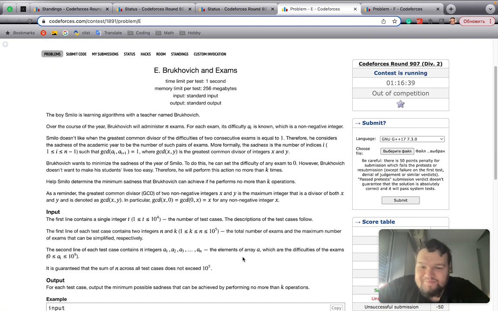Problem E. Exams. The difficulty a_i, which are non-negative integers, is given as an array of integers. Milo doesn't like when the greatest common divisor of the difficulties of two consecutive exams is equal to 1.